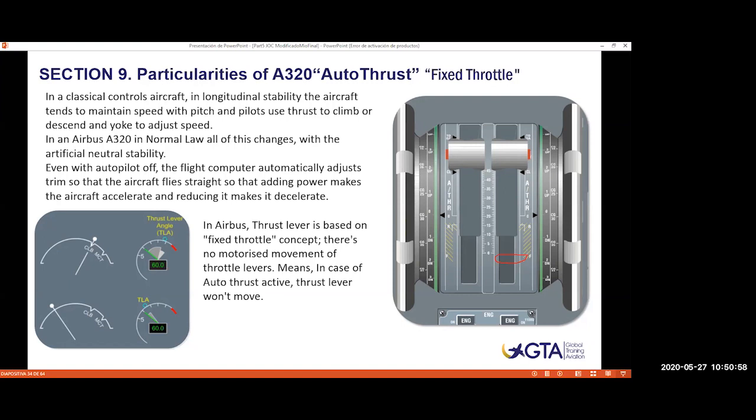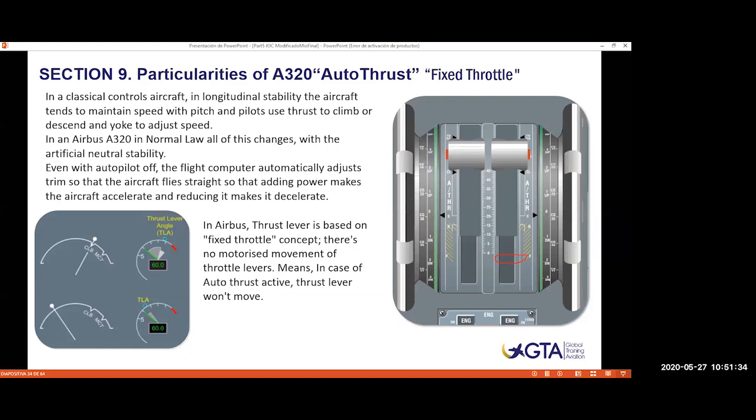But in the Airbus 320, in normal law, with the protections that we mentioned before, we have something called artificial neutral stability. What is this? The aircraft is autocompensated. So we can release the pressure on my side stick, and the aircraft is going to keep the altitude that we are maintaining.